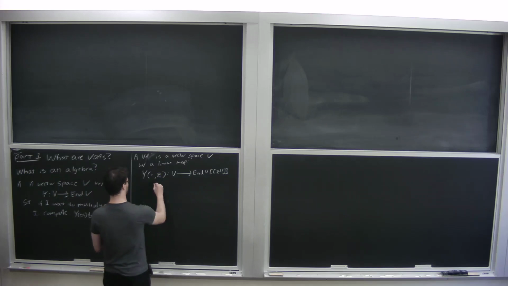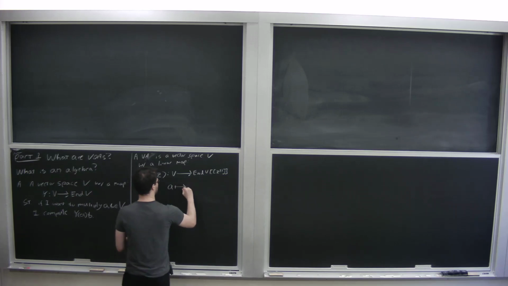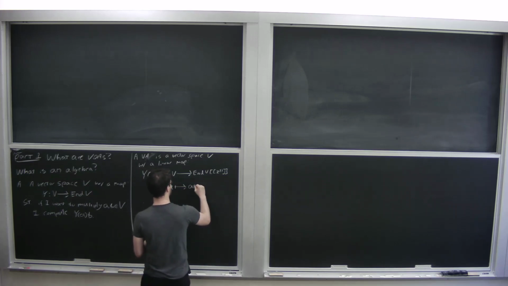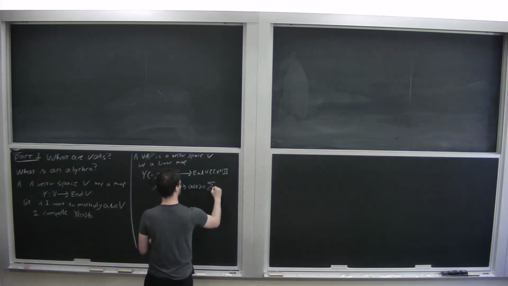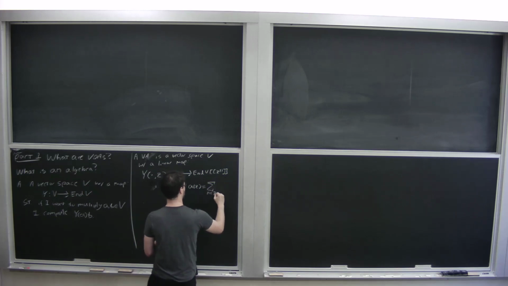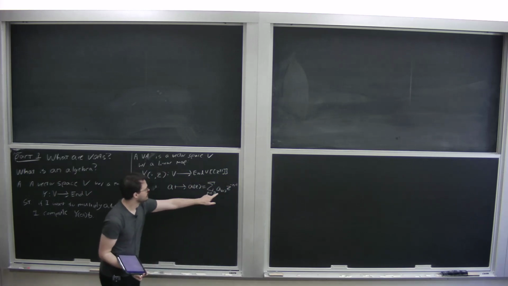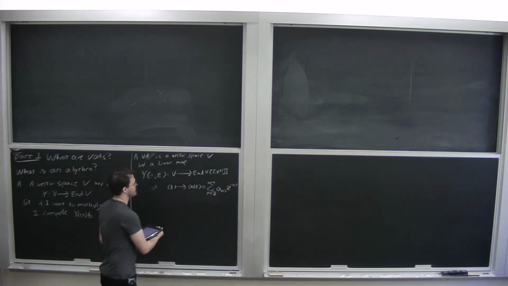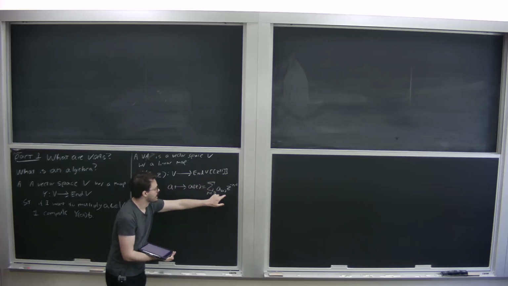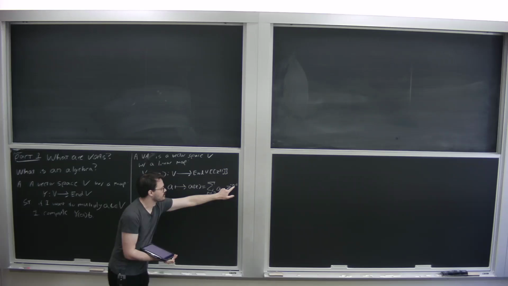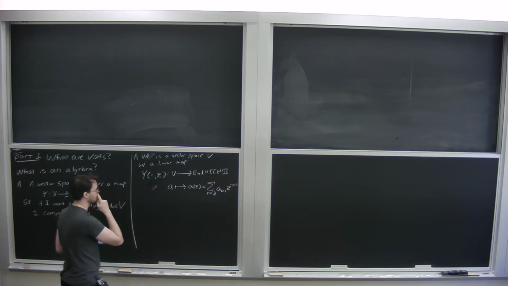Some notation: if we have A in V, we would map that to A(z), where I'm introducing a notational convention where these A_(n) are endomorphisms of V, and the nth one corresponds to the coefficient of z to the negative n minus 1 in the power series here.